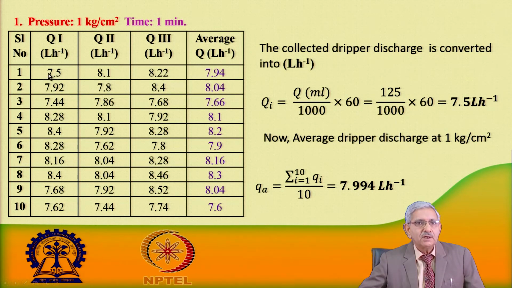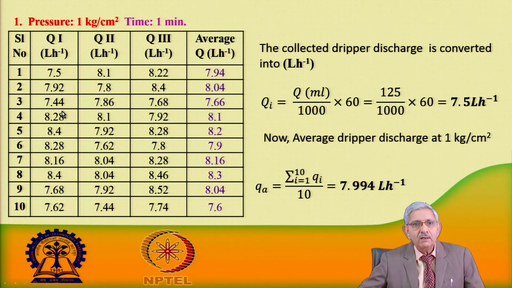Here it is shown as 7.5 liter per hour, for one particular observation. This was 125 ml in 1 minute, so we converted it to liter per hour, which comes to 7.5 liter per hour.